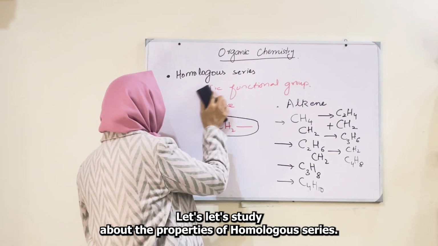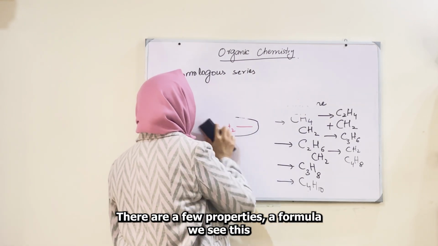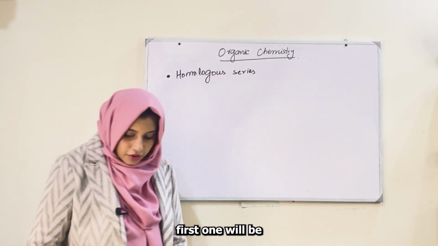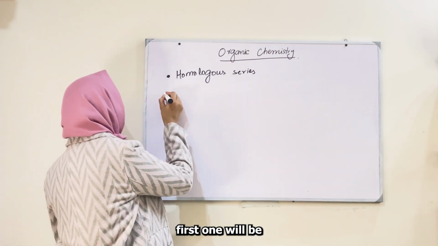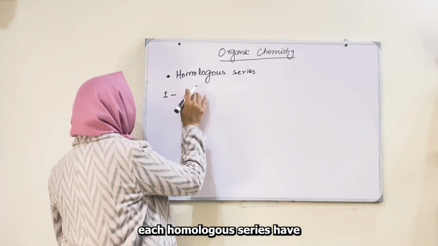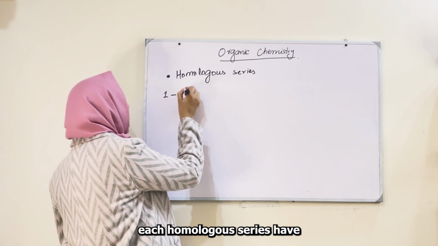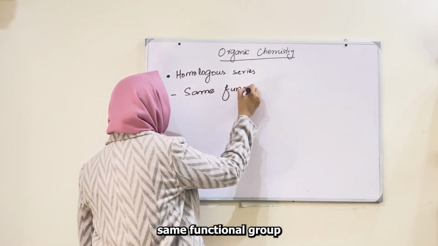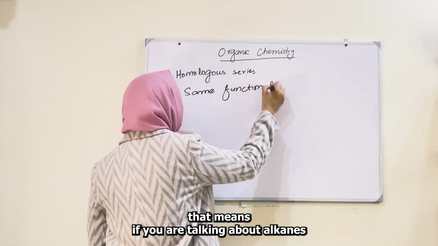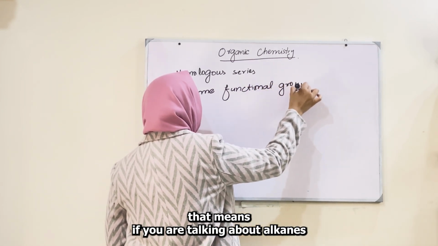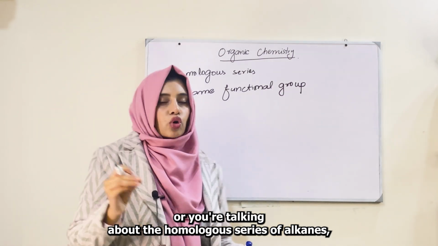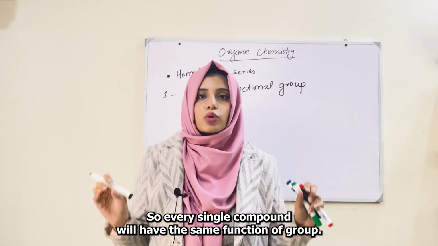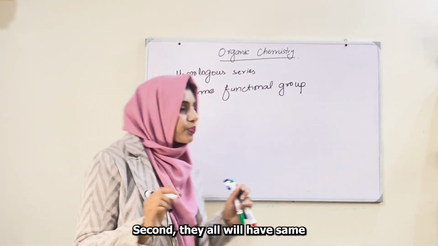Let's study the properties of homologous series. There are a few properties of homologous series. First one: each homologous series has the same functional group. That means if you are talking about the homologous series of alkanes, every single compound will have the same functional group.